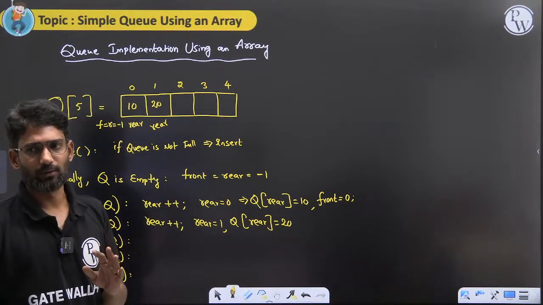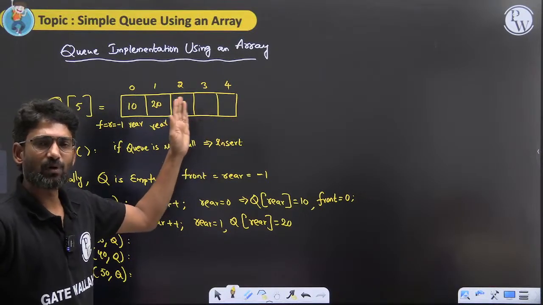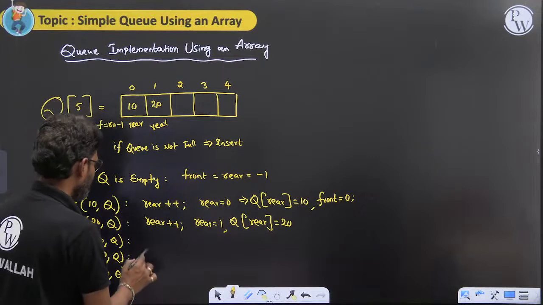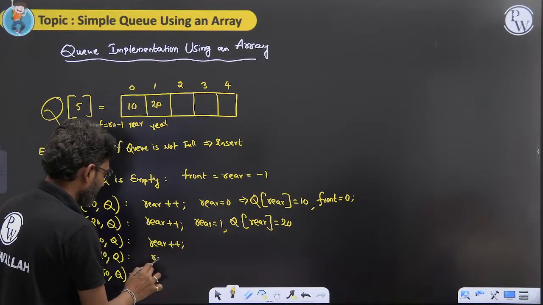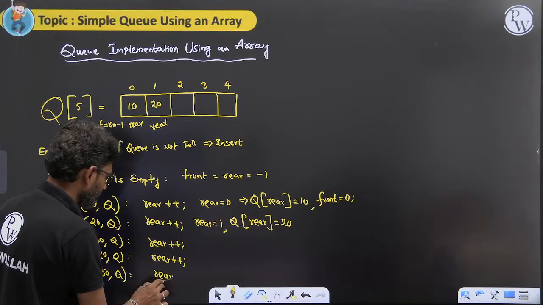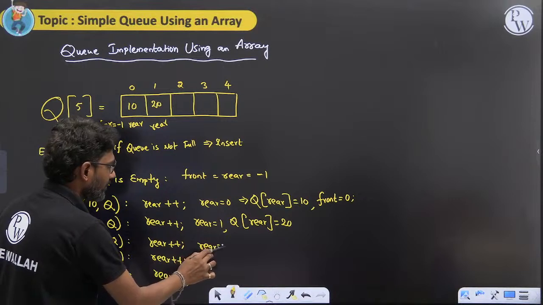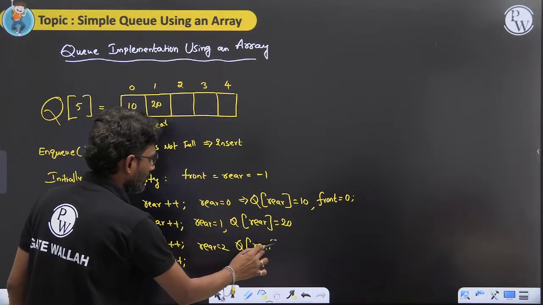Not required. Only rear must be updated. Updated means what I have to do? Increment operation. So every time I go on incrementing, rear becomes 2 and queue of rear is equal to 30.